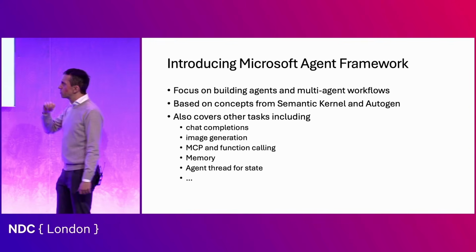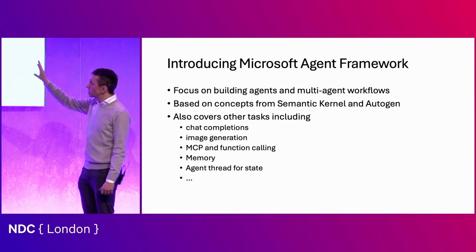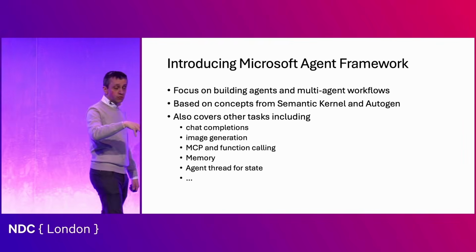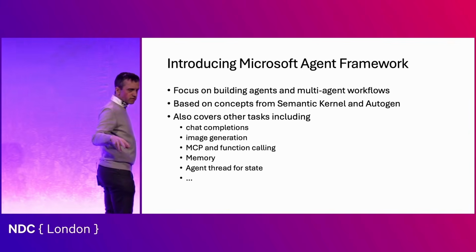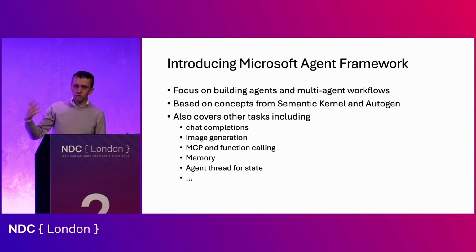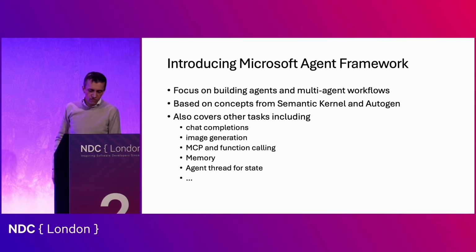Memory has better support than in Semantic Kernel. Semantic Kernel required plugins for that, quite difficult. So it's actually taking the best from Semantic Kernel and AutoGen, which was another framework by Microsoft. They've taken the simplicity from AutoGen and merged that with the capabilities of Semantic Kernel. So all the things that we saw about being an abstraction is now also available in Agent Framework.